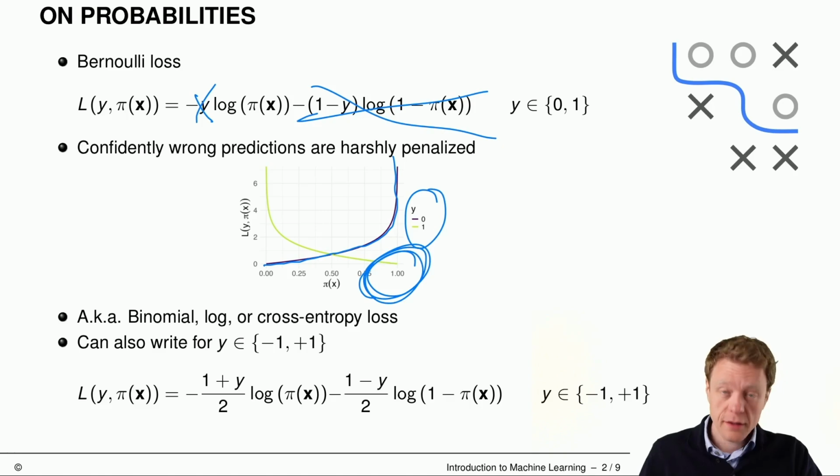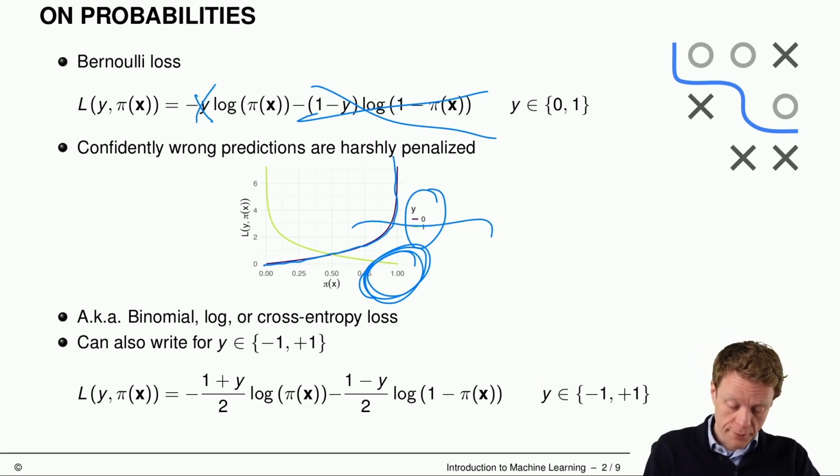But if we predict something in that area close to 1, then we have a very wrong prediction, where we are very confident that it's true, but then it's very confidently wrong, and this is harshly penalized with the log loss, not so much with the Brier score, which is bounded.